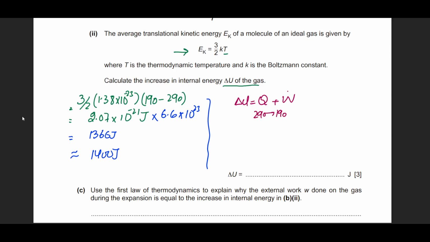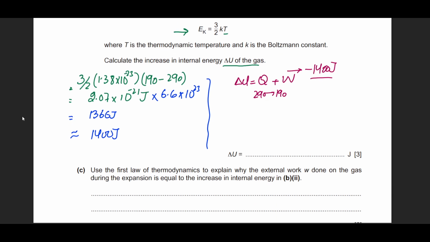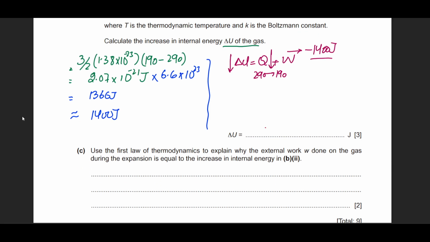And since you've allowed the gas to expand, W will actually be minus 1400 joules because you've taken energy out of the system, right? Due to the change in temperature, this is decreasing, so delta U should also be decreasing. So the change is negative 1400.